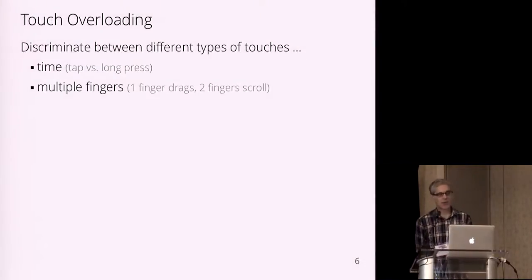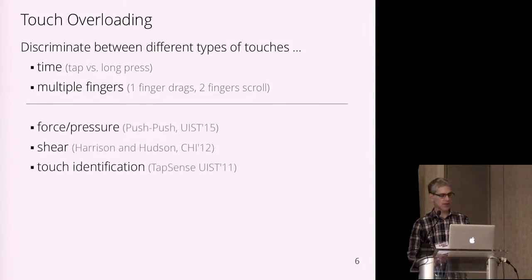So these are both examples of something called touch overloading, and there's been quite a bit of work in this. I just showed you the long press, which is an example of using time as a way to do this touch overloading. Of course, you can use multiple fingers. You can just count the number of fingers to do different kinds of commands. There's been work at UIST and CHI and other venues looking at other kinds of qualities of touch, and we just saw an example earlier in this session using pressure.